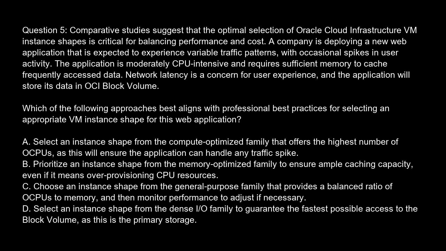Option C. Choose an instance shape from the general-purpose family that provides a balanced ratio of OCPU to memory, and then monitor performance to adjust if necessary. Option D. Select an instance shape from the dense I/O family to guarantee the fastest possible access to the block volume, as this is the primary storage.